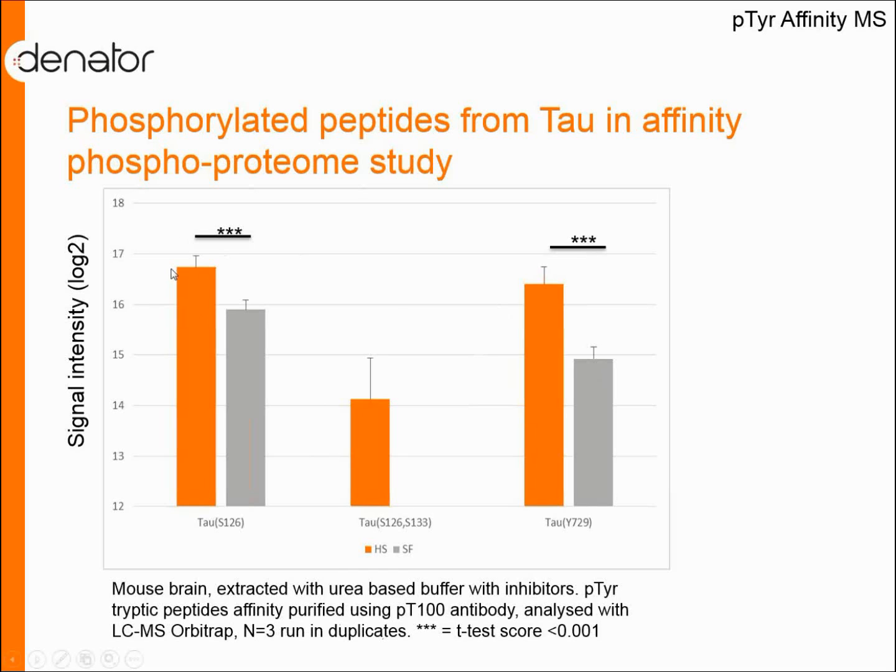The other 2 are identified with significantly higher levels in the heat-stabilized samples, and it might not look like much of a difference here, but it's important to remember the log2 scale on the axis there.